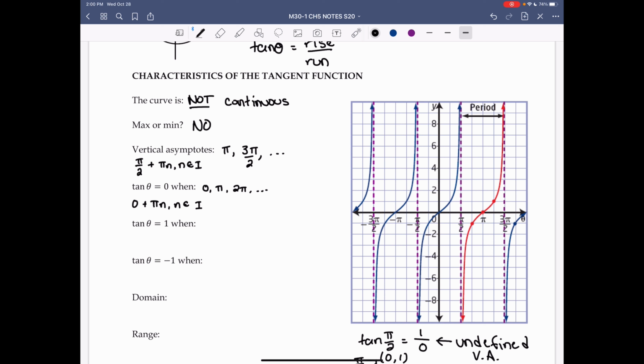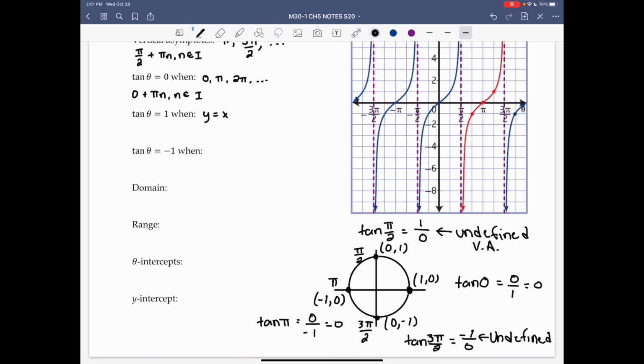When is tan theta equal to 1? Remember, tan is y over x, so when y equals x, when does that happen? That's at reference angles of 45 degrees, but in certain quadrants. So x and y have the same sign in quadrant 1, they're both positive, and in quadrant 3, they're both negative. The other quadrants, one's positive, one's negative.